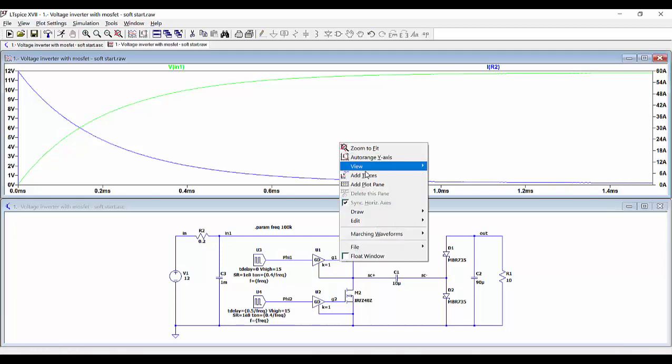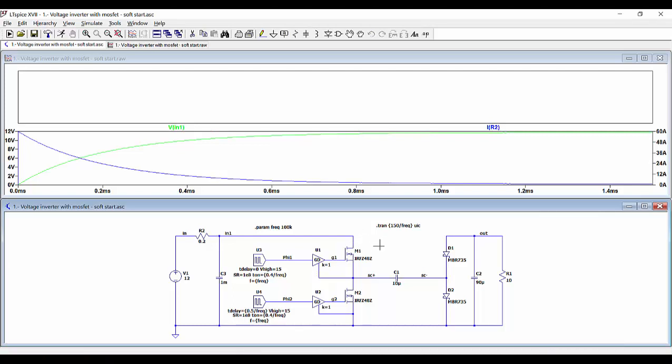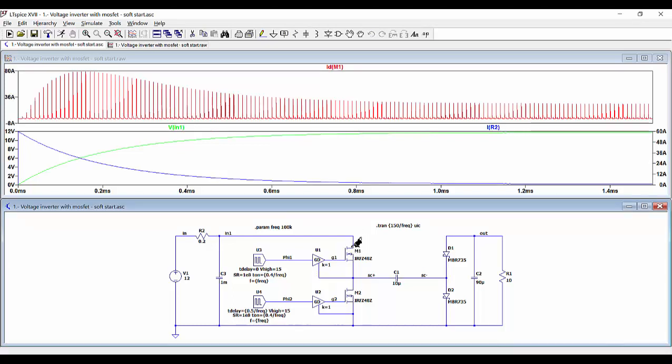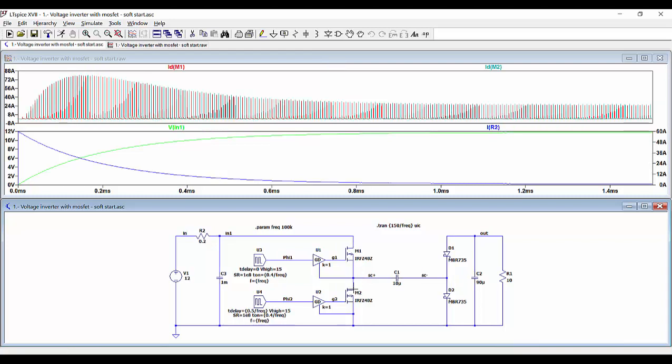Now we can add another pane and check the current through the transistors, for example transistor M1 and transistor M2. Now we see how the peak values, the maximum value of the current, are much more limited than without the filter.